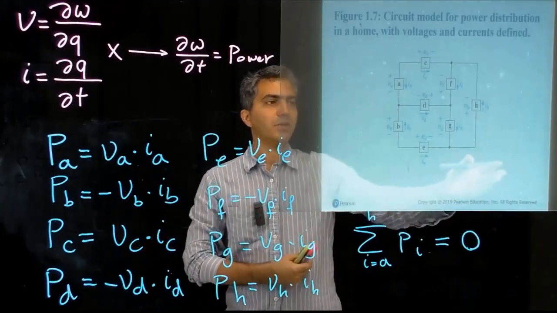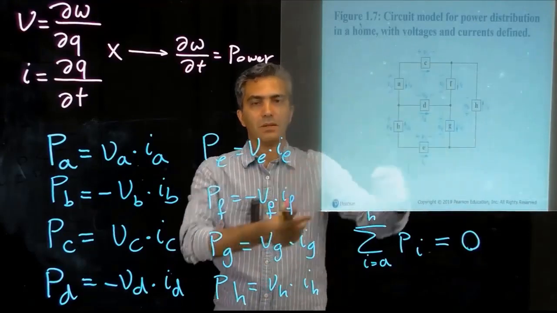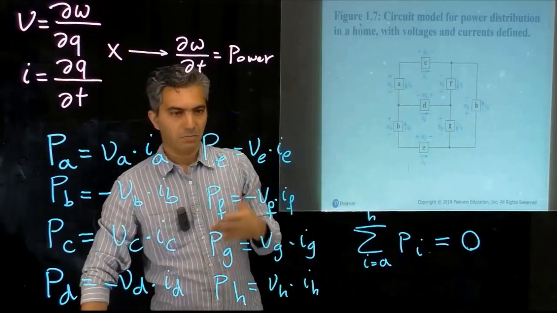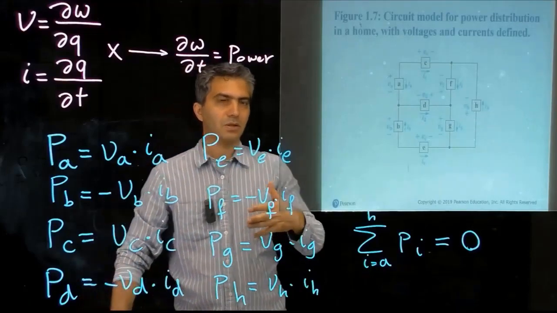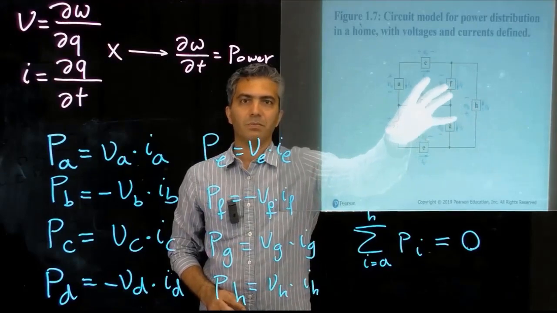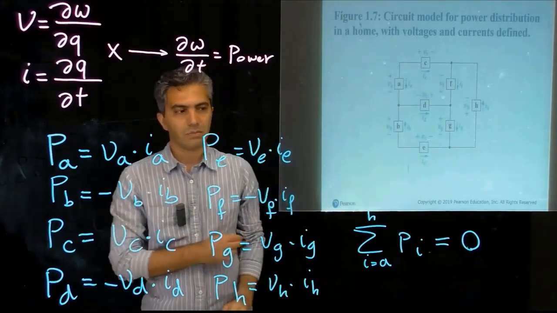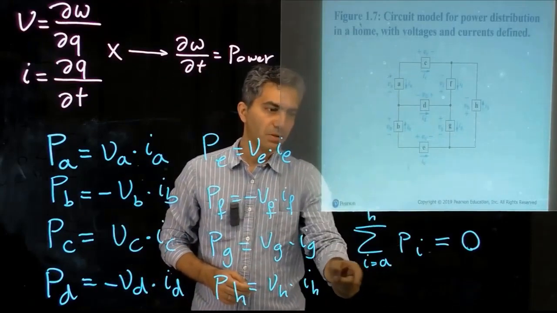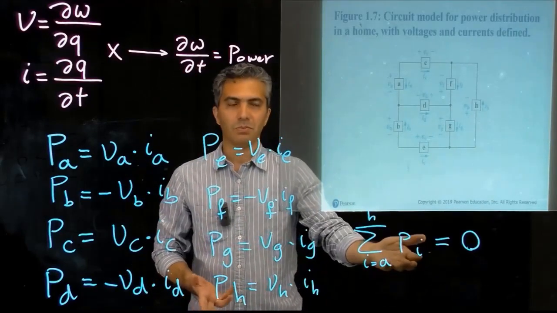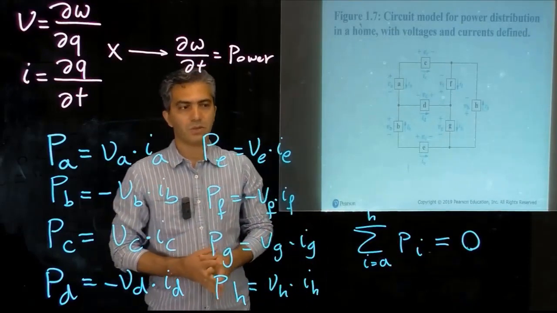So no electrical energy can enter or leave in this system. And since we know energy doesn't disappear, energy doesn't come out of nowhere, all the energy that is produced in this system, generated in this system, has to be consumed by the system. So you take all the powers, which is energy per unit of time, add them up, and then that has to be equal to 0.